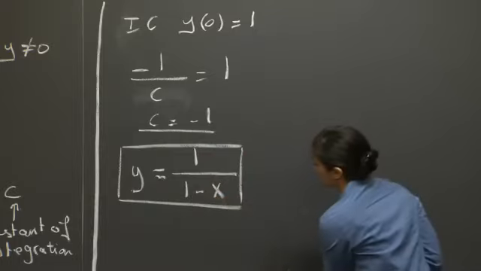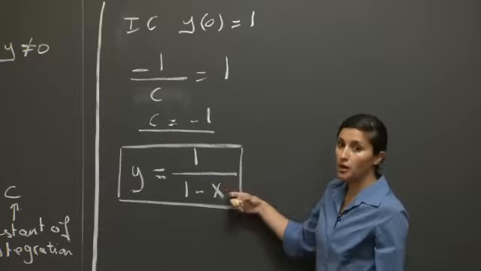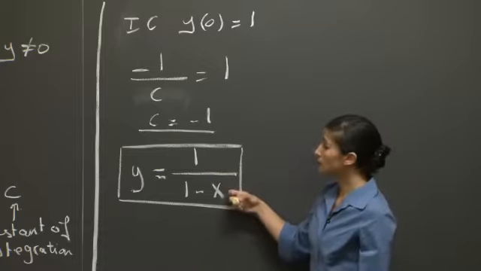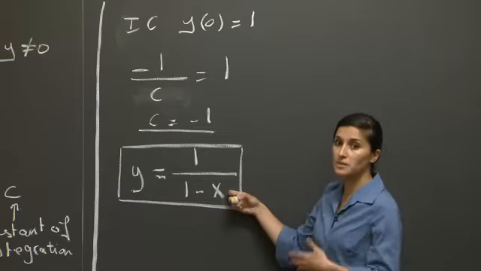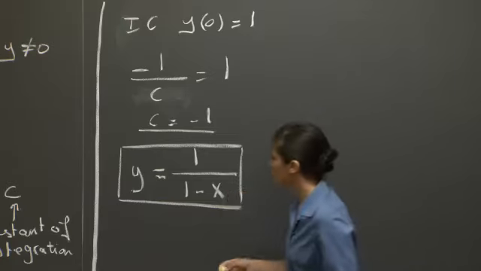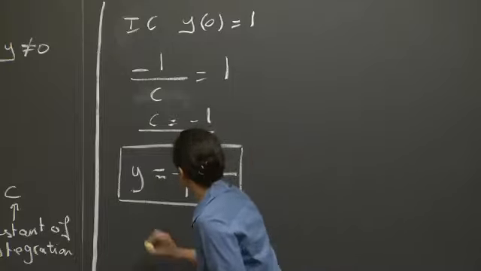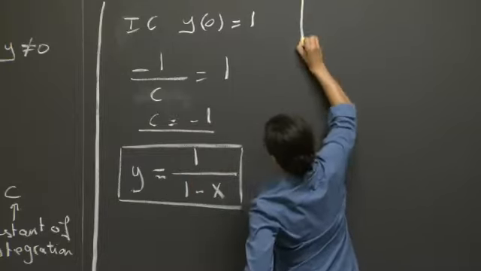If you examine this expression, you see right away that we have a problem for x equals 1, because at x equals 1 we have a 1 over 0, which means that the solution blows up, and we have a vertical asymptote. So let me draw this here.